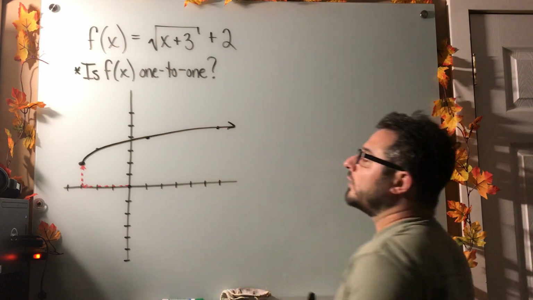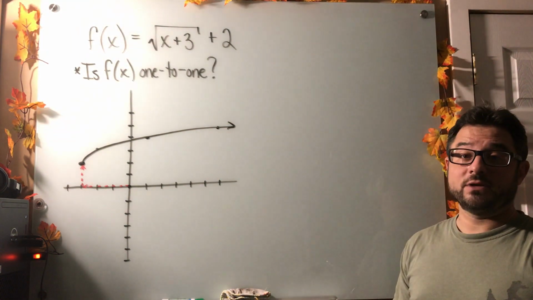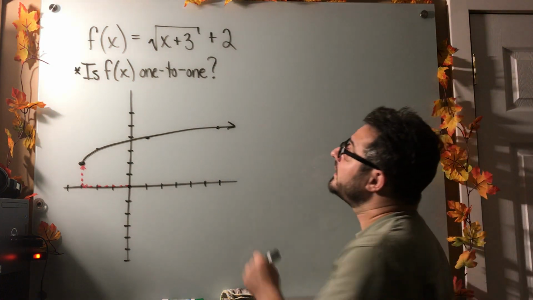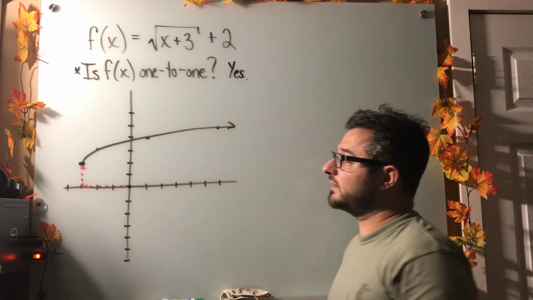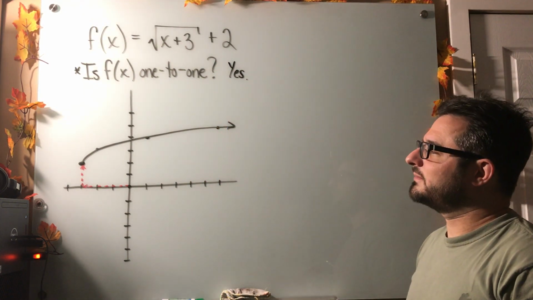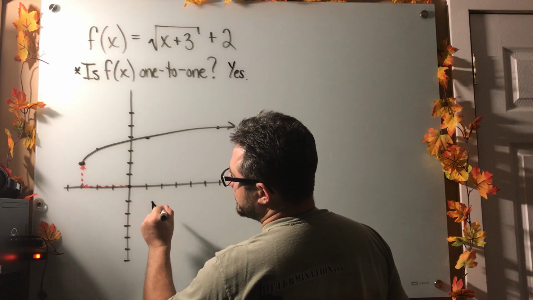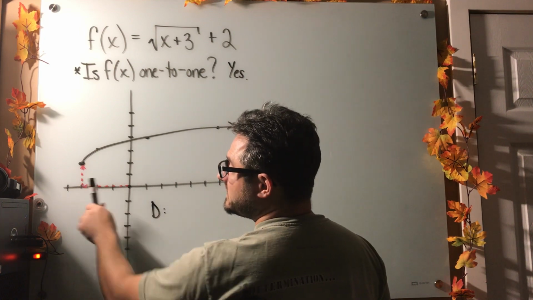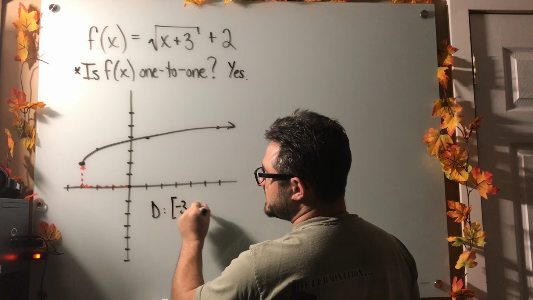Now, one advantage of actually drawing the graph is that now we can identify the domain and range, which is actually going to be very important in this problem. Yes, it is 1 to 1, so there's no need to restrict anything, but we really do need to keep track of the domain and range here. The domain of this function, as we can see from where it exists on the x-axis, is from negative 3 to positive infinity.